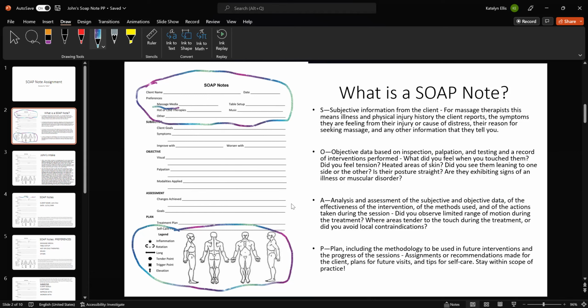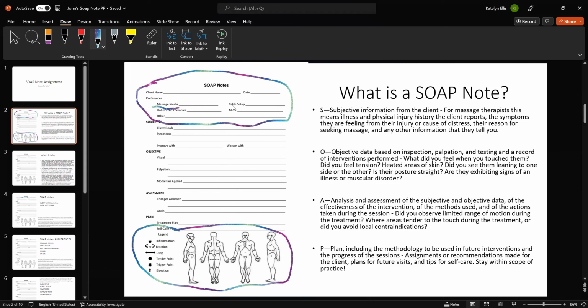Did you use a table warmer? Did you use a heated electric blanket? Did you use hot stones? Did you use cold therapy? Did you use a particular scent? Did you use some type of special pressure tool? What are the things that you used during this massage for this client?